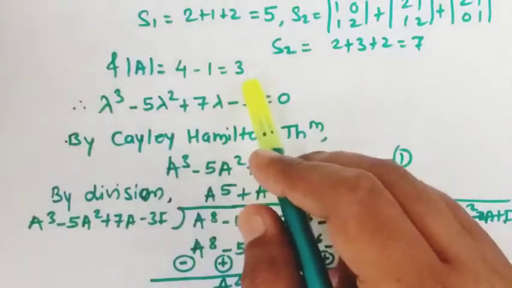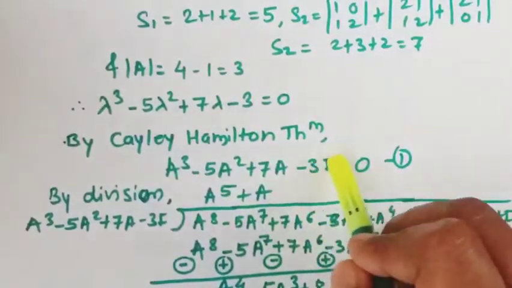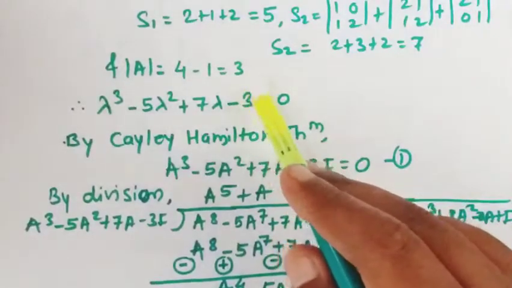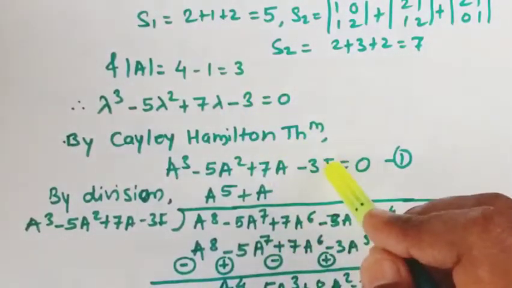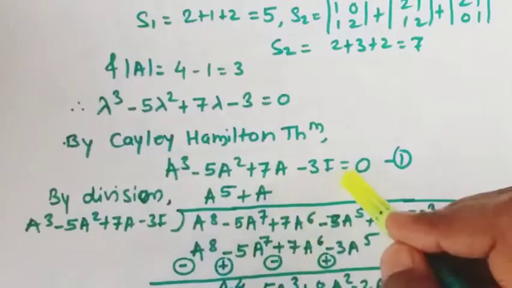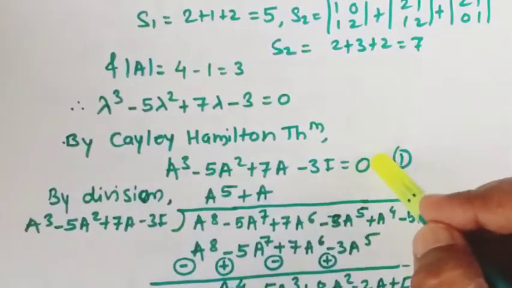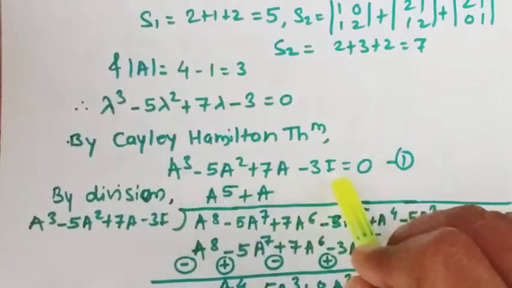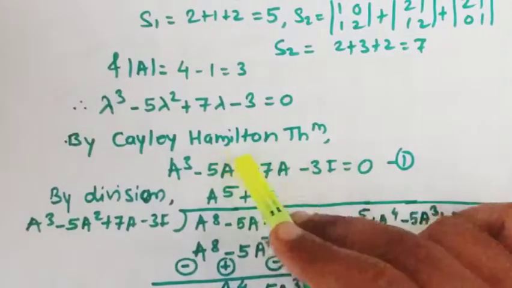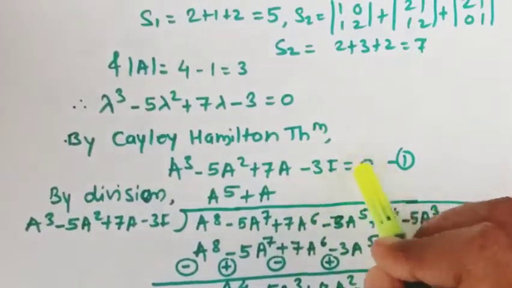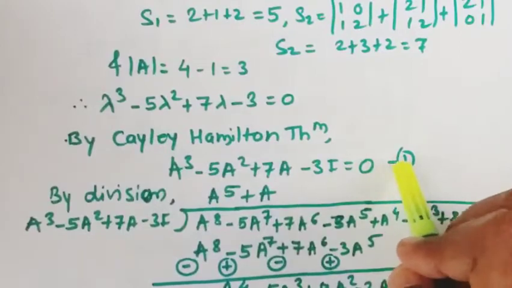Only the constant quantity gets multiplied by the identity matrix, because it is an addition of matrices, and the right hand side 0 is the null matrix.